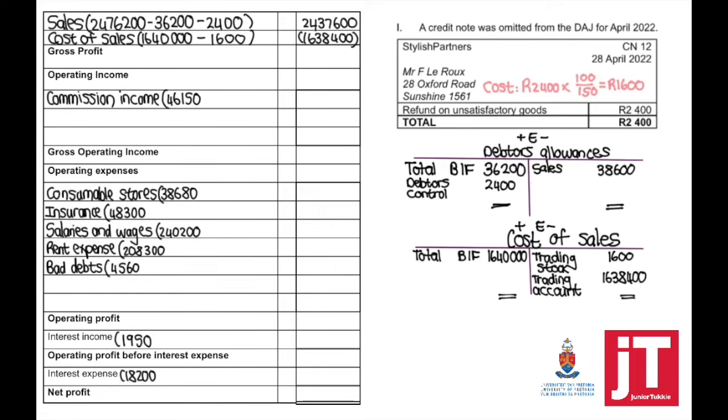Sales minus cost of sales equals my gross profit. Adjustment number 2. One of the employees was omitted from the wages journal for April 2022. Omitted means left out. We need to add it. It provided you with the basic wage, overtime, hours worked, the deductions, and the contributions.